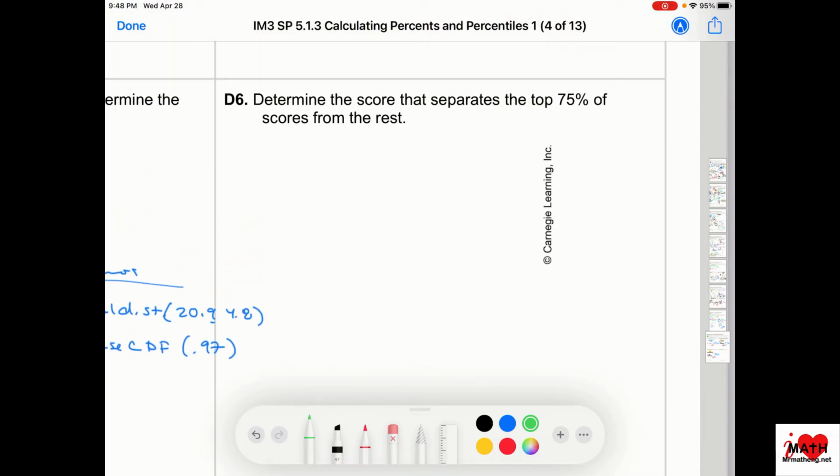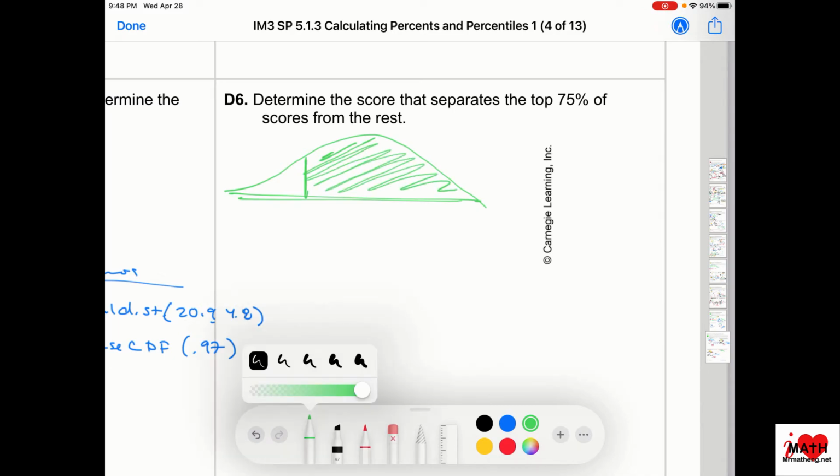Determine the score that separates the top 75% of all scores from the rest. Okay, top 75%. I'm thinking this. Okay, this whole green region here represents the top 75%.